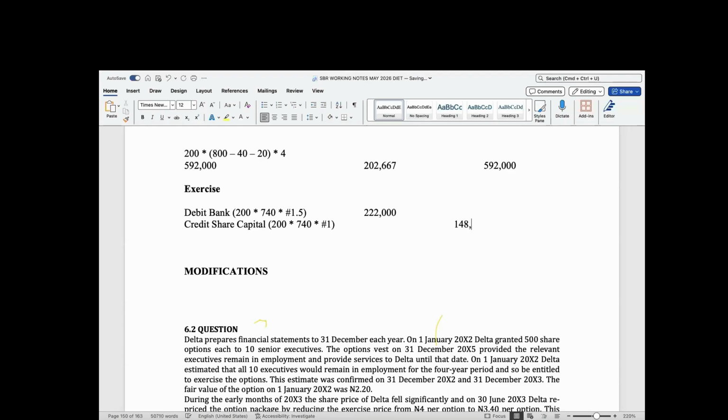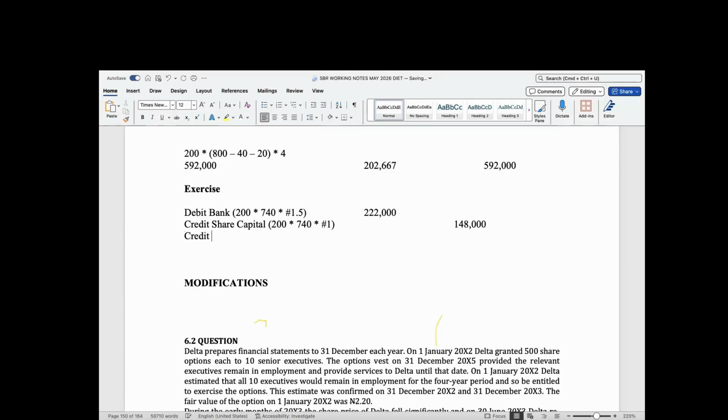Yes, 148,000. So after that, what about share premium? 74,000. How did you get 74,000? I did 200 times 2 minus 7% times 148. No, you cannot do something like that.